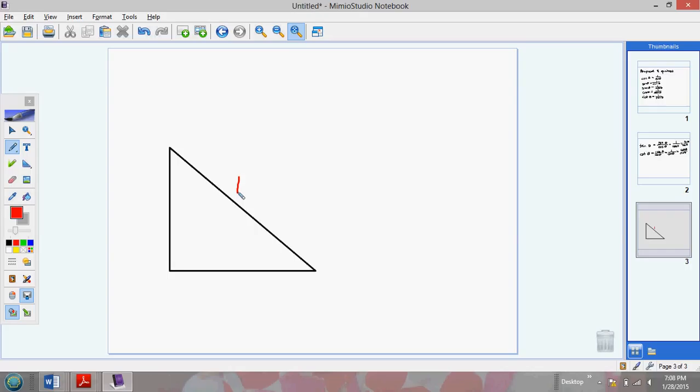So if you can imagine that, let me draw a smaller version up here. Here on the unit circle, I'm looking at my radius as 1.